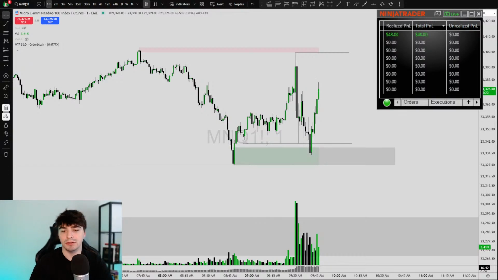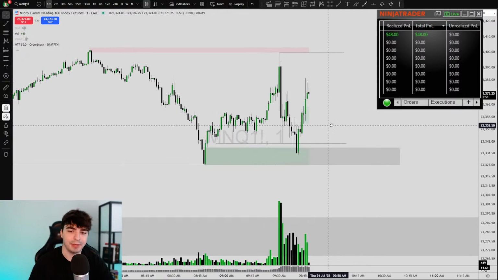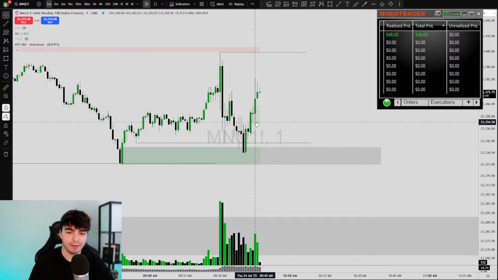Come on. See, look at the indicator. I mean, it is marking out these zones. I would definitely have marked that out.